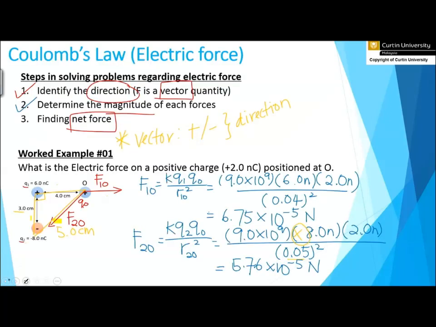Now the tedious part comes. We have to resolve F2 to both the X and Y component, right? So taking this right angle triangle, this is our theta. Resolving to the X component is this component, so it is actually F2 cos theta.